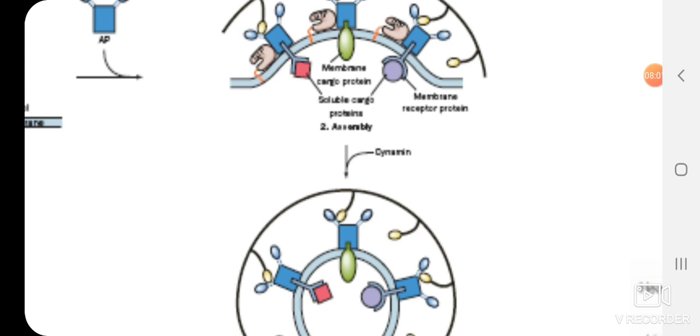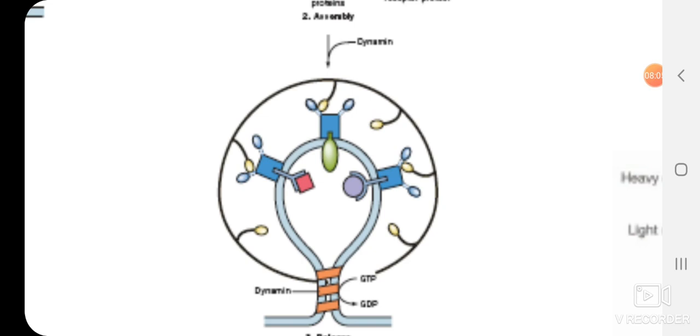by the polymerization of the clathrin, what will happen is that it leads to the formation of a small neck-like structure, wherein the protein called dynamin will come into play. So it is an 870 amino acid residue GTPase protein.